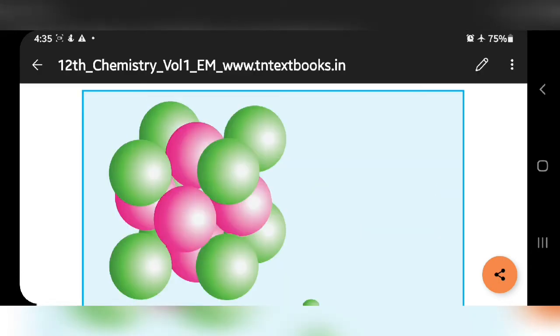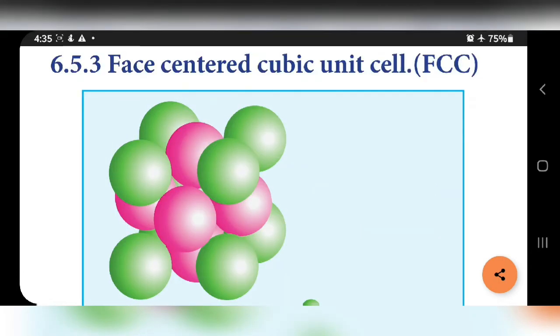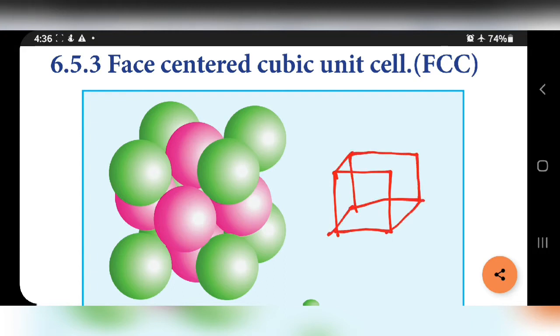One more is face center cubic unit cell. Face center cubic means, actually this is the cube. In this cube totally how many faces are there? Totally how many surfaces are there? This is the first, 1, 2, the back side is 3 and this side is 4, above this is 5 and below this plane is 6.